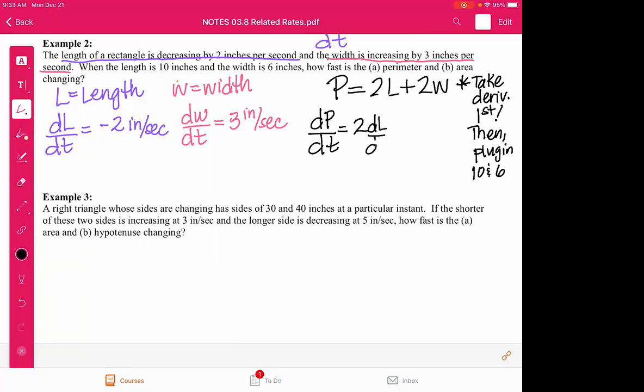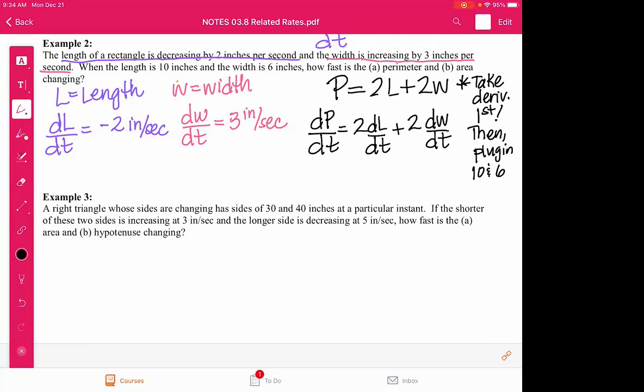dL/dt. Remember, like when we did implicit differentiation before, when you would take the derivative of, say, 2y, it would be 2 dy/dx. You have to do that for these now. And the second one would be plus the derivative of 2W, which is 2 dW/dt, like that.